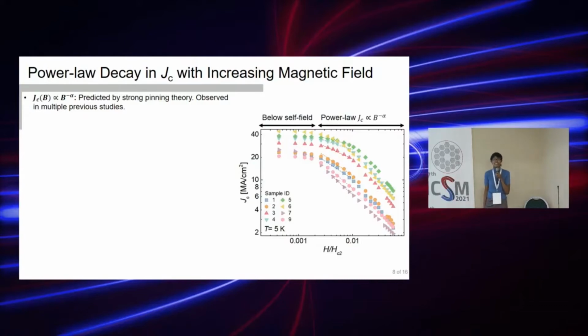This has indeed been seen before. Other studies have seen it before. But the goal of our study was really to look at how alpha depends on the nanoparticle density and size as systematically as we could.